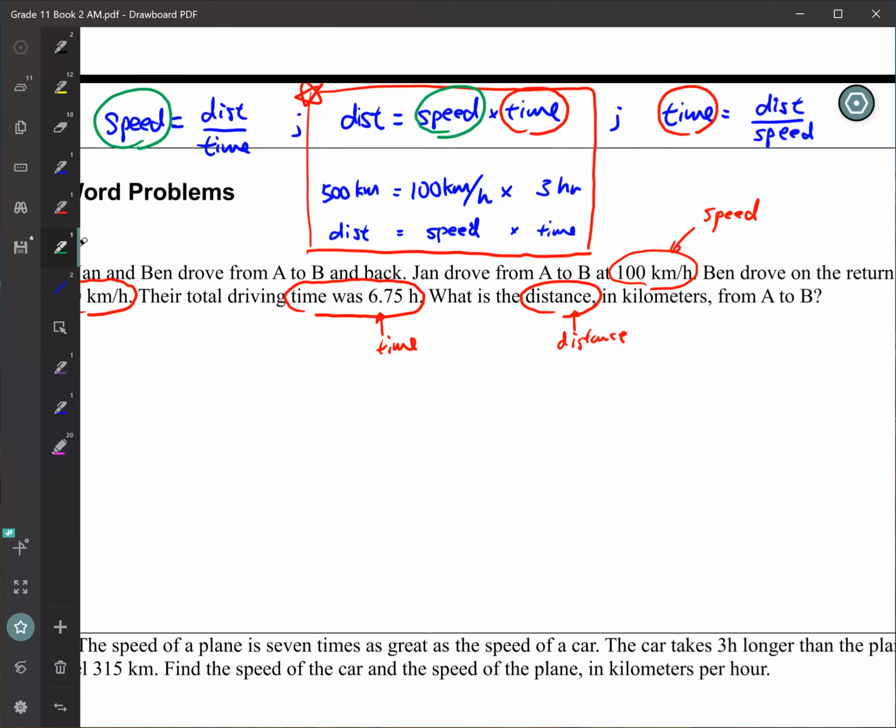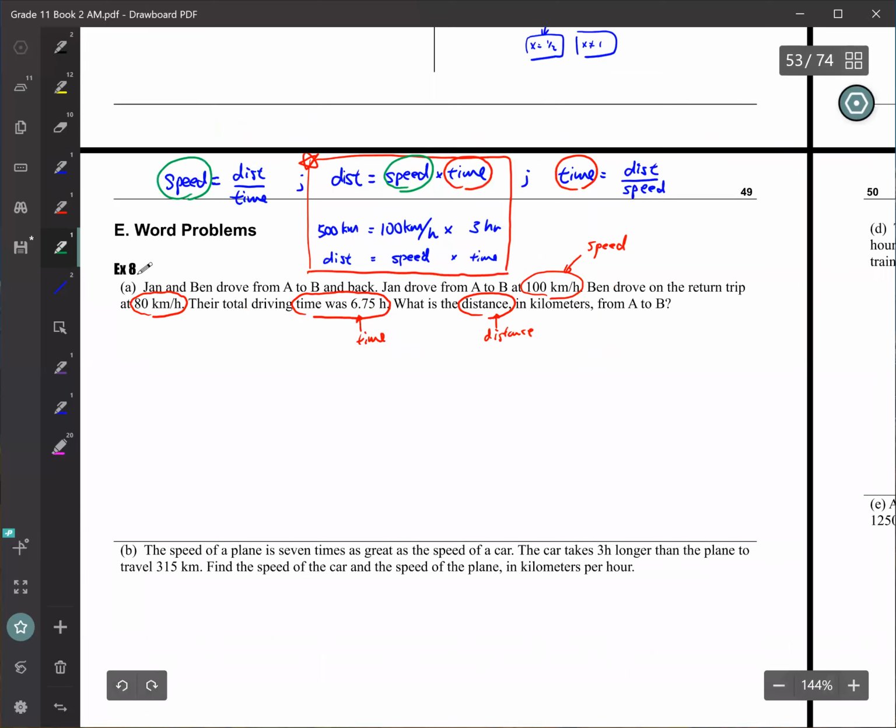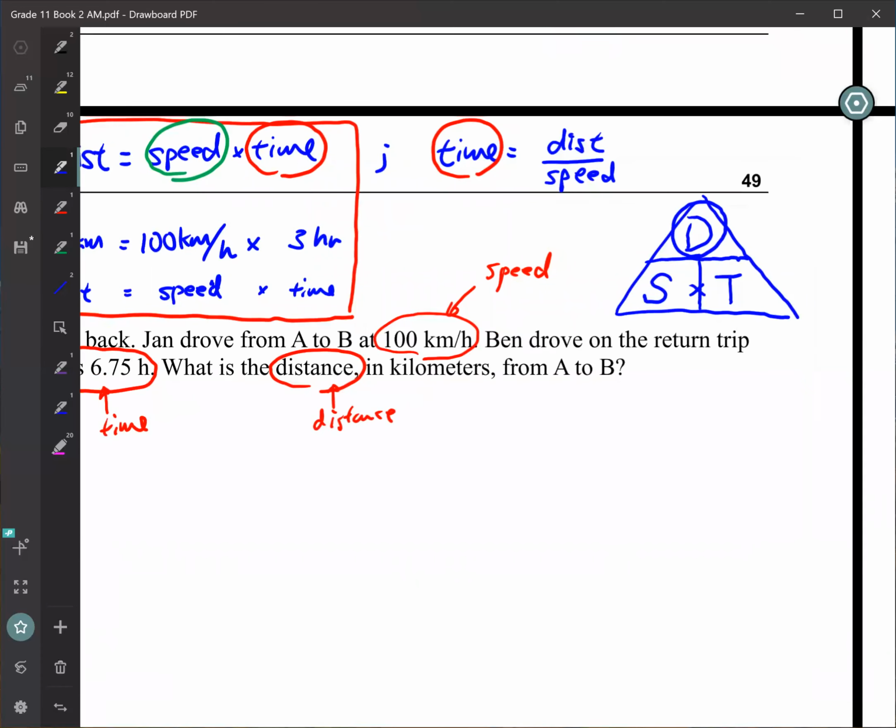All right, some teachers also combine these three together using a triangle like this. You can see the distance is always on the top, so we're gonna put D on the top, and then speed on the left side, and time next to it. Next to each other means they are multiplying, so I'll put multiply there. For example, if you want to find distance, let me circle that, then you take speed times time.